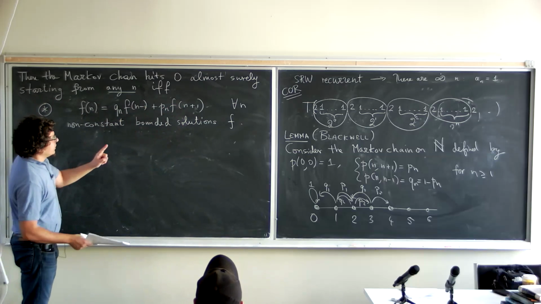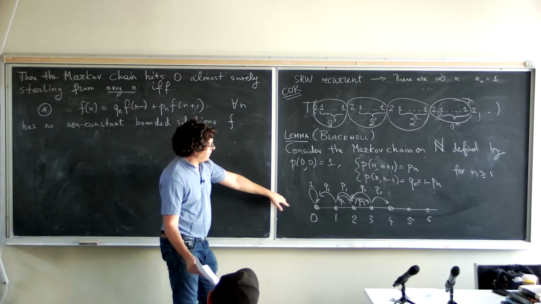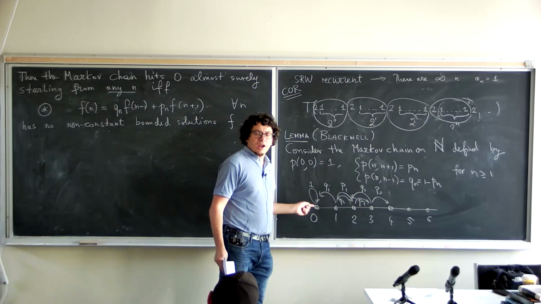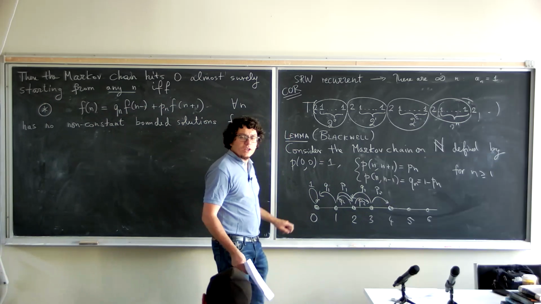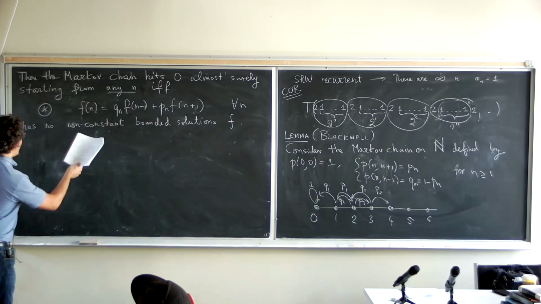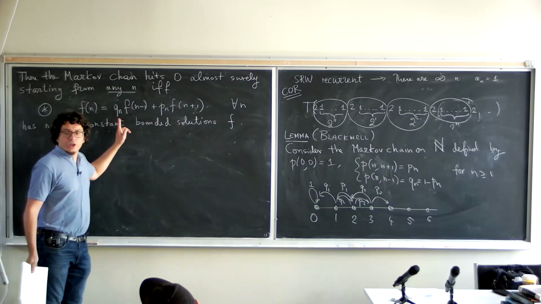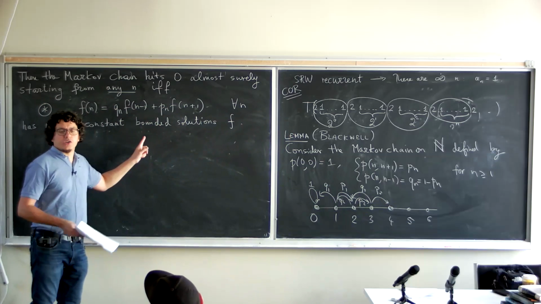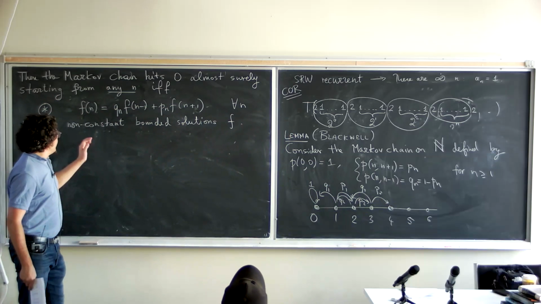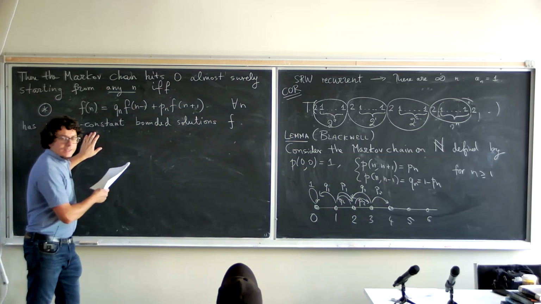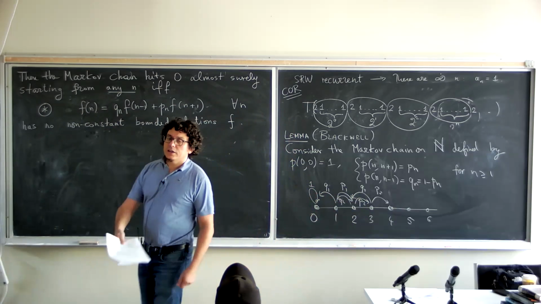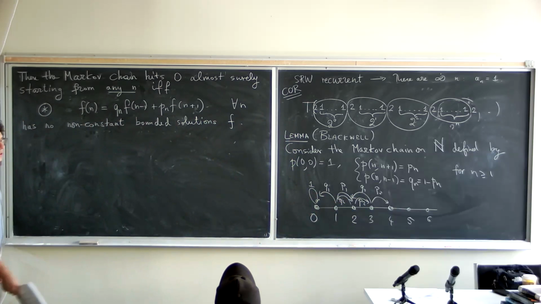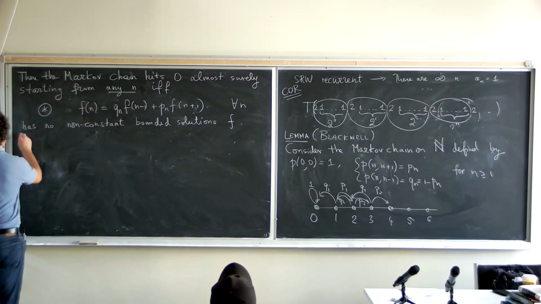So we want to say that if the walk is transient, meaning that you're not going to hit 0 almost surely, then you can find a non-constant solution to this equation, and vice versa. If you find a non-constant solution for that, then it means that this chain is not recurrent. You can escape.